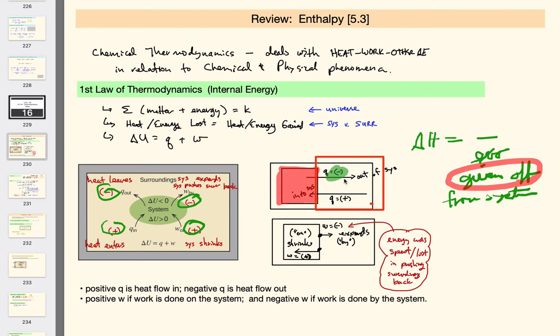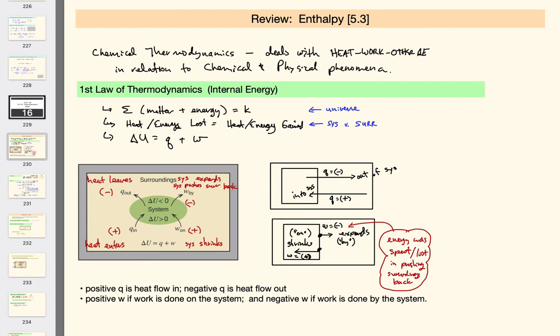Because if the surroundings give off heat, that means the system must have gained heat, not given off. I hope that's clear. You've got to know the perspective. When you read a question, you need to be real clear. I would assume it's the system, but if it gives you data that deals with the surroundings, you have to know.